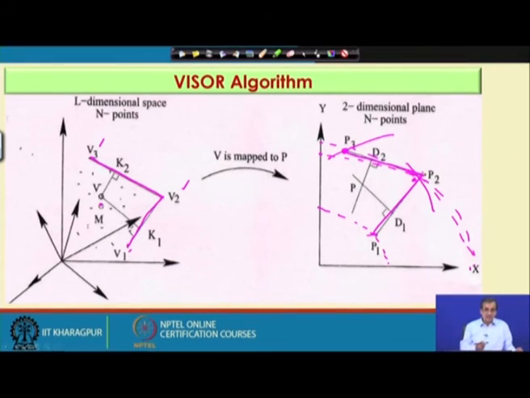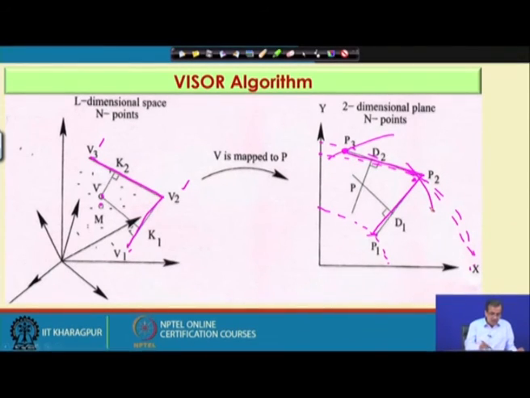Now, say we want to do the mapping for a particular point V from higher dimension to lower dimension. That means I am going to find a corresponding point in 2D corresponding to this particular V in higher dimension.